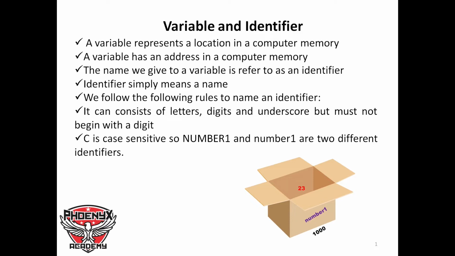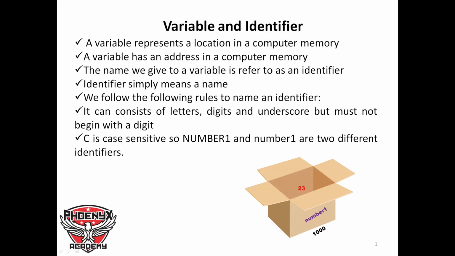So for instance, let's look at an analogy of a variable. Let's say this box is a variable. So this box exists within the computer memory. We can see that the name of this particular variable is number 1, the address is 1000, and the value stored within this variable is 23. So a variable has an address in a computer memory, which in this case is 1000.